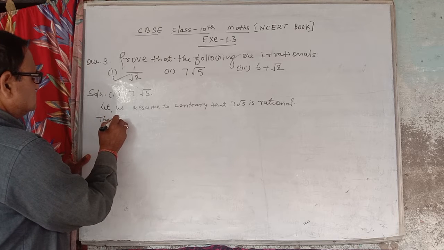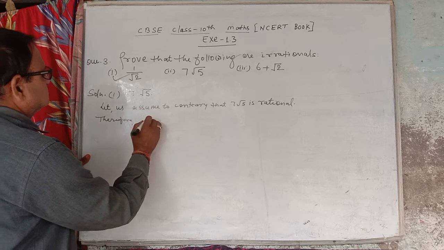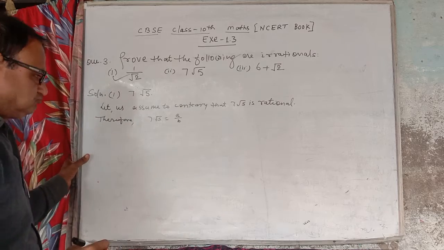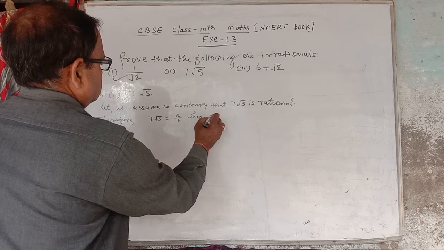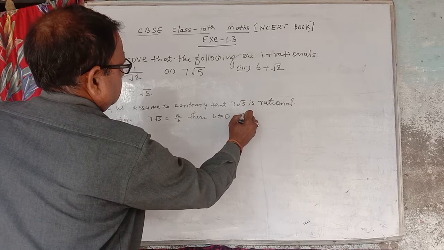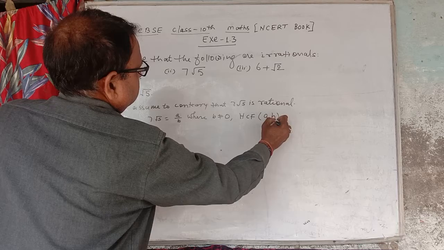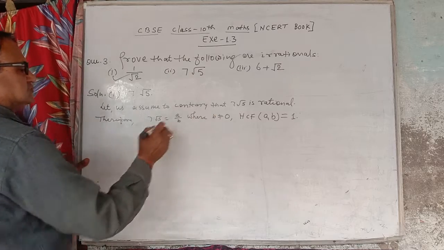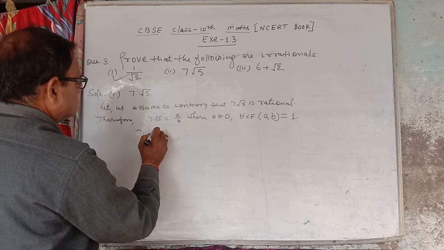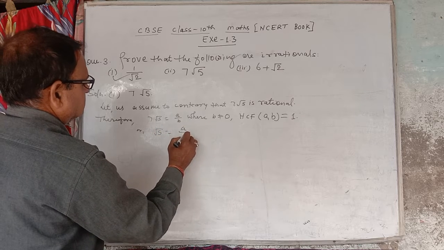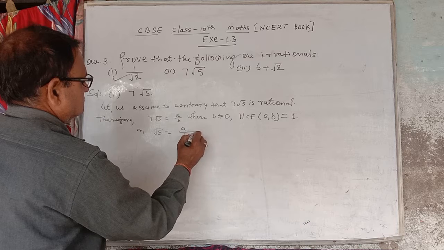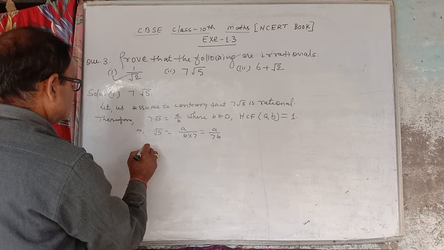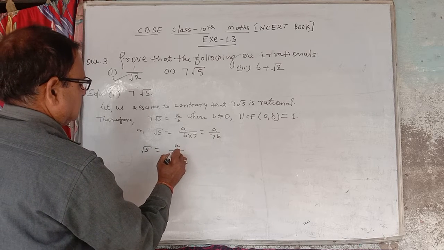Therefore, 7 root 5 may be written as a by b, where b is not equal to 0 and HCF of a and b is equal to 1, or root 5 is equal to a by b into 7, that's equal to a by 7b. Then root 5 is equal to a by 7b.